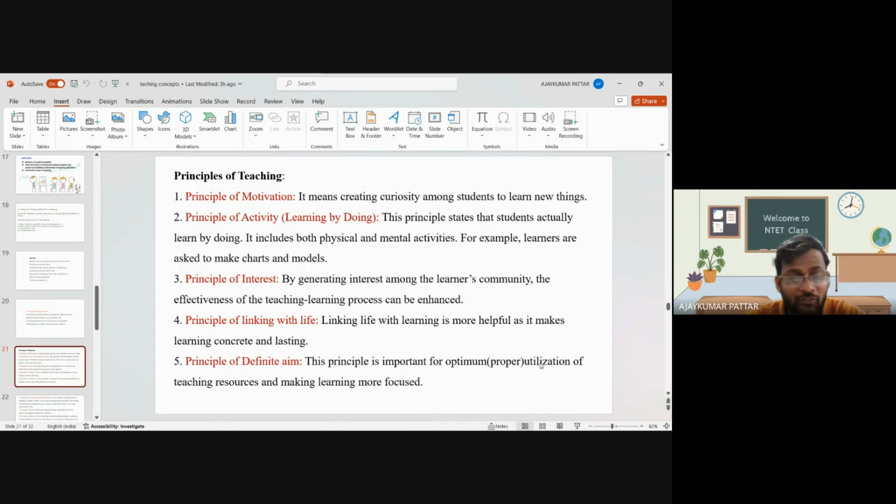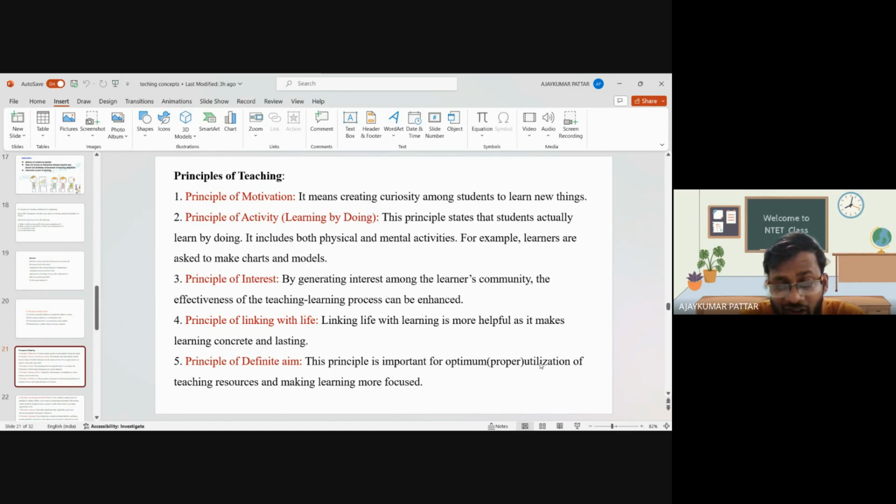Then the principle of definite aim. In this principle, there is optimal utilization of the resources. What are the resources available in the teaching process? How can we use those resources available for teaching learning, and how will learning be more focused? For example, in our college, resources are good.